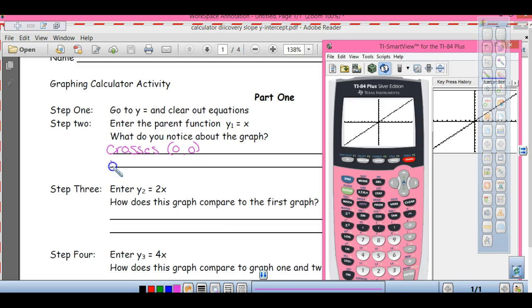Positive slope. So my equation, guys, was y equals x. So what was my slope? 1. So that means it goes up 1 over 1. Positive slope, up 1 over 1.